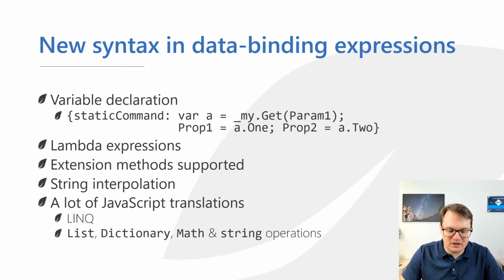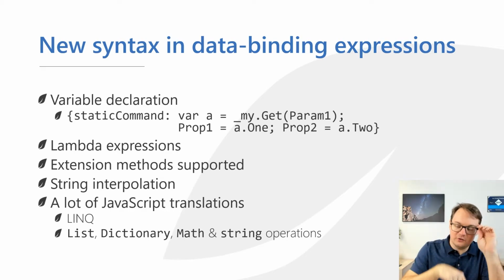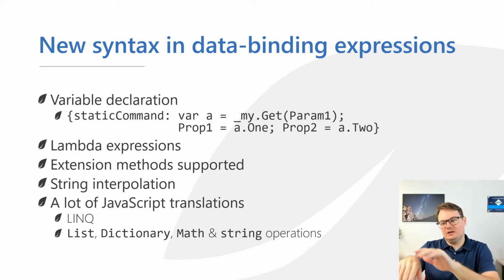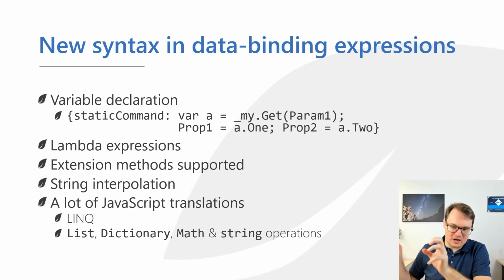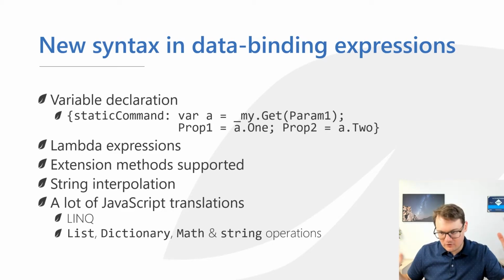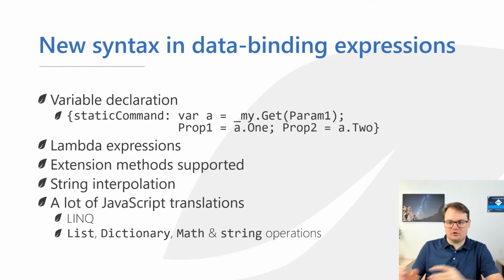There is also string interpolation, which is the new syntax of string with the $ in front of it. So you can then substitute values and use expressions inside the string, and they are evaluated and everything is composed together. You can use this in the data bindings too, and we support a lot of JavaScript translations, so functions which you weren't able to use in static commands before because .vvm couldn't translate them to their JavaScript equivalents.